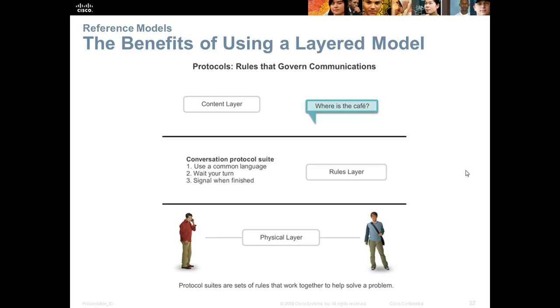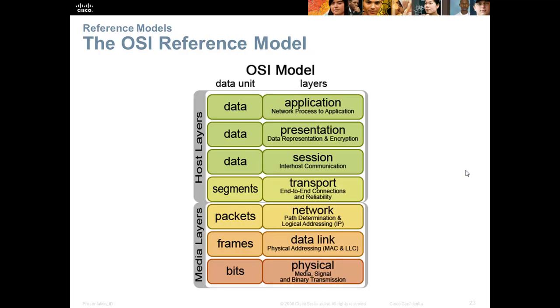Having a layered approach to networking allowed devices to perform just the function that they need to at their layer and not have to worry about the other layers. The most common layered approach or reference model is probably the OSI model, and this is what we'll spend most of the time on in this class. There are 7 different layers starting at the application down to the physical.